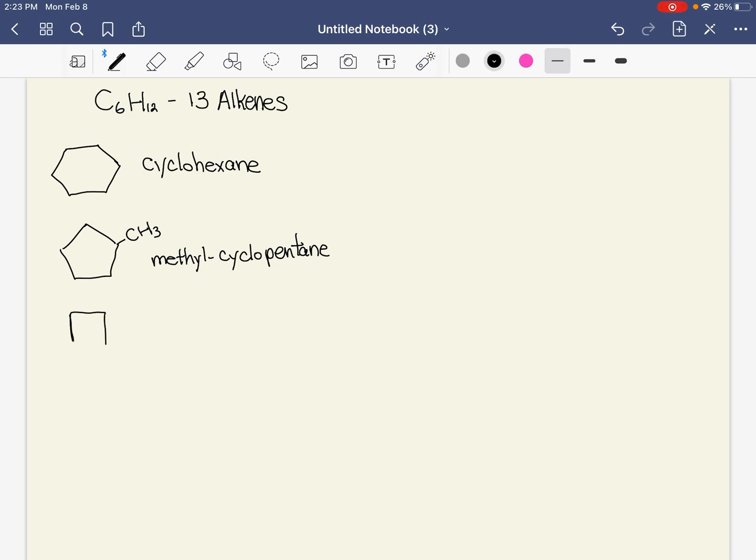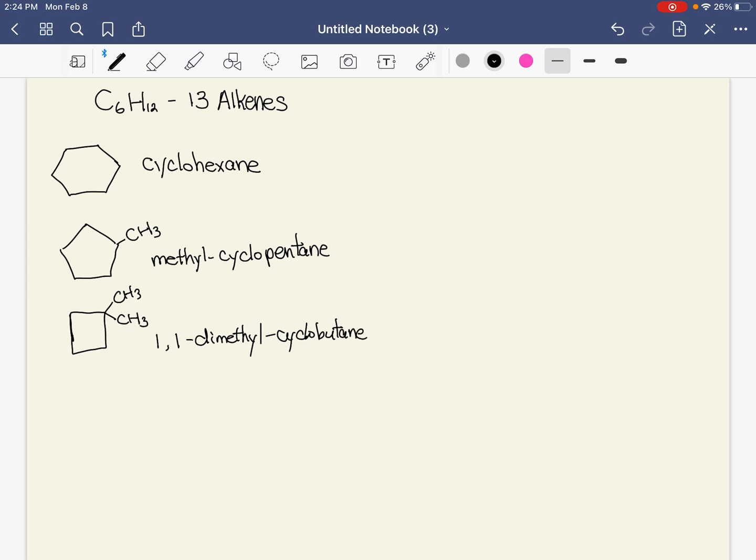And then there's this cyclobutane. And I would need 2 methyl groups or 2 other C's to make a C6H12. So here it is. Now this one you might need numbers because there's other places where I can put this. So that's 1,1-dimethylcyclobutane.